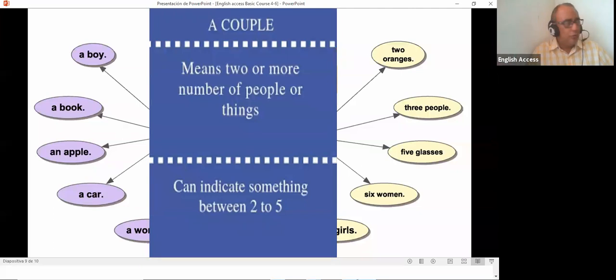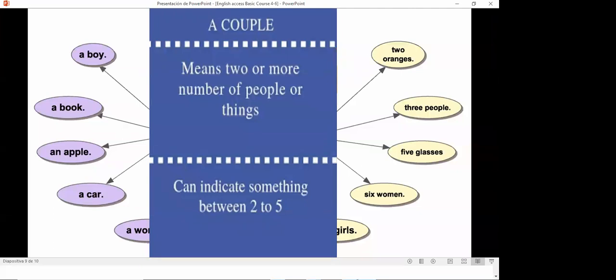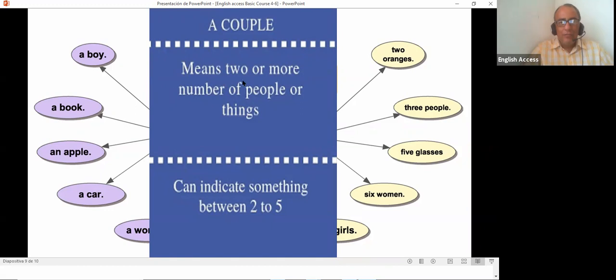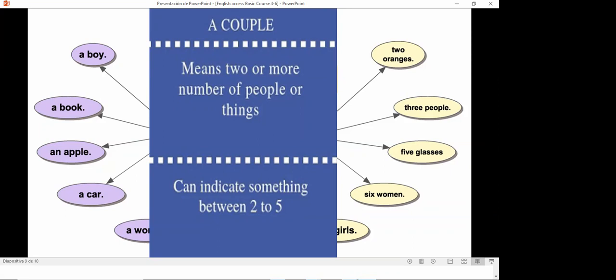A couple of shoes, a couple of apples, a couple. But in English it means two or a higher number of people or things. Can indicate something between 2 to 5, y puede ser de 2 a 5. ¿Sí? So, si por ejemplo dice a couple of people, son de 2 a 5 personas. A couple of people. A couple of minutes, un par de minutos, bueno, puede significar hasta 5 minutos.